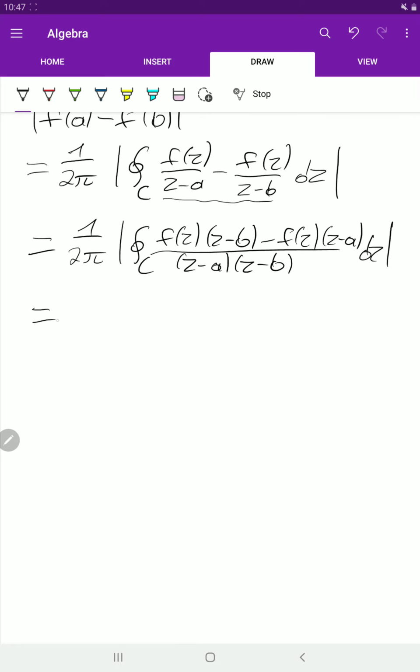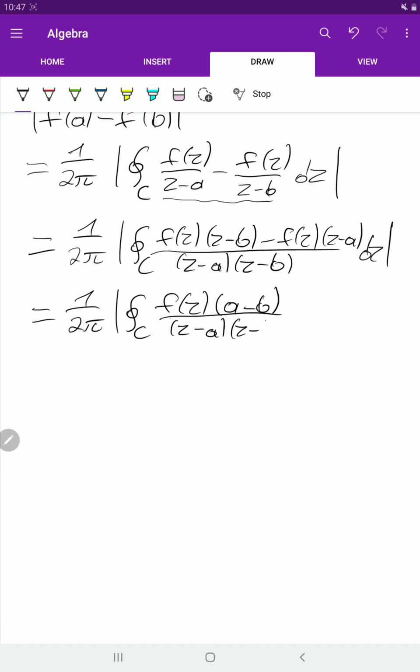And now let's simplify a little bit, so we get the integral over the curve c, then f of c times c minus f of c times c, so we don't have to worry about that. So we get f of c times a minus f of c times b, so we get f of c times a minus b divided by c minus a, c minus b.